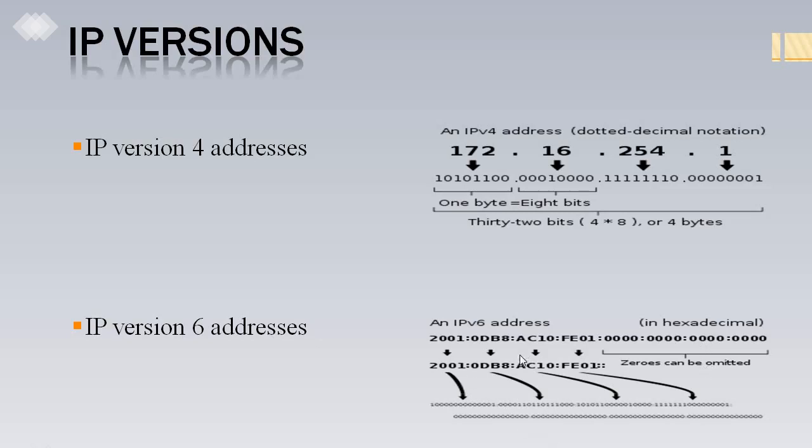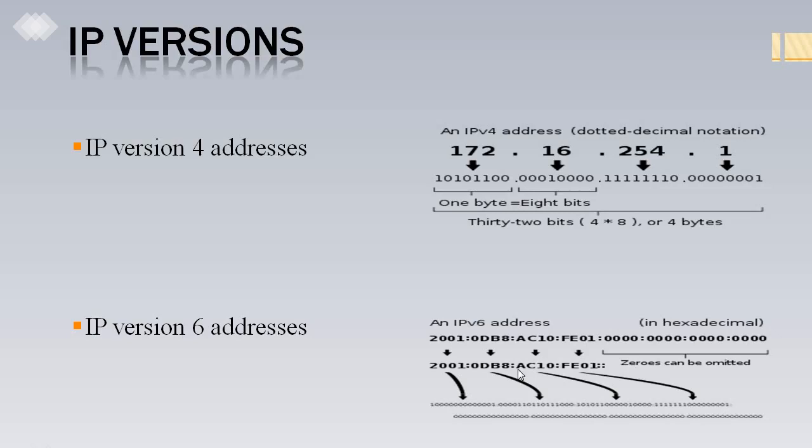So these are the ways you can calculate and classify IP version 4, and identify that they contain 8 bits. With the help of these IP version 4 and IP version 6 addresses, it is very clear. One is in the form of dotted decimal notation and the other is in the form of hexadecimal notation.